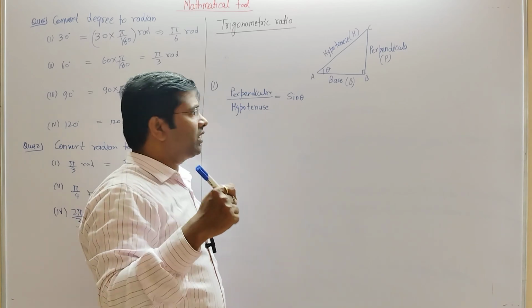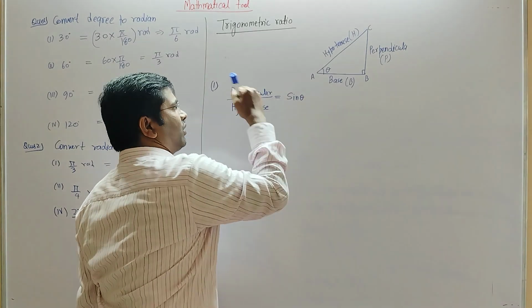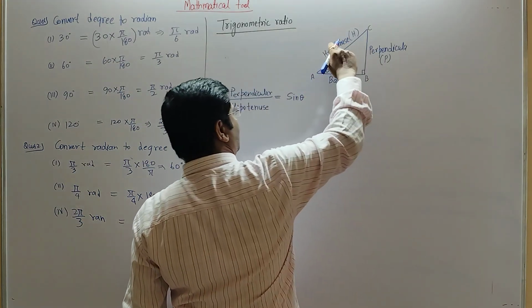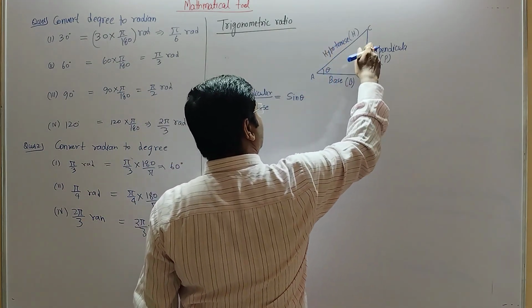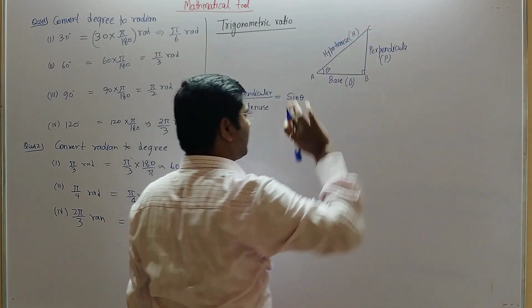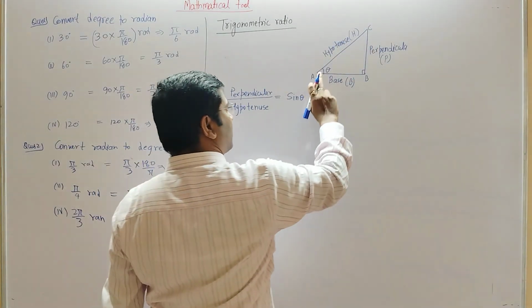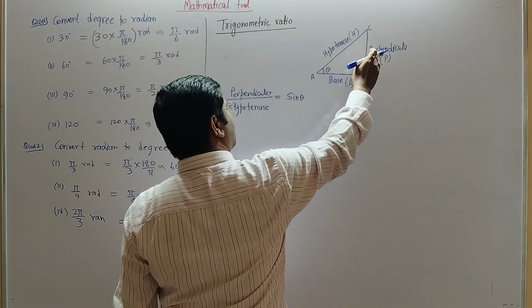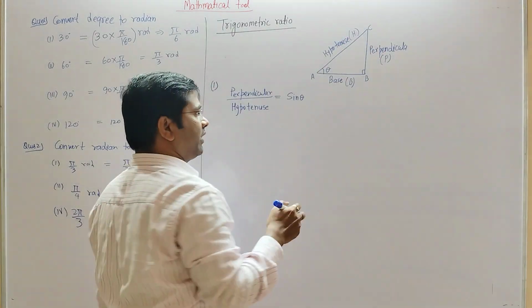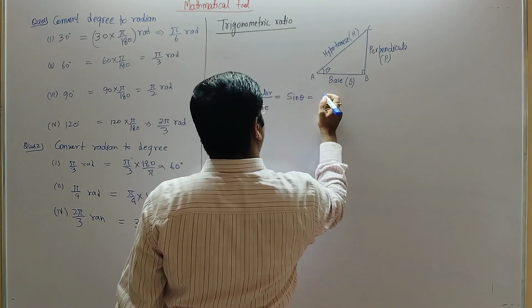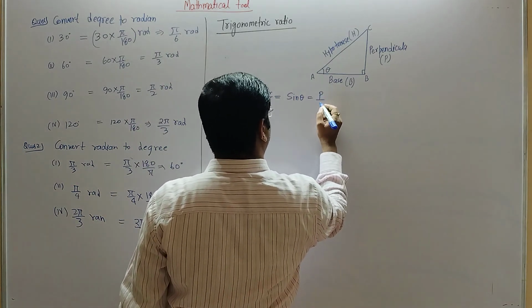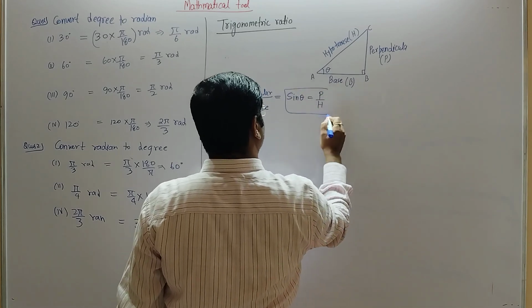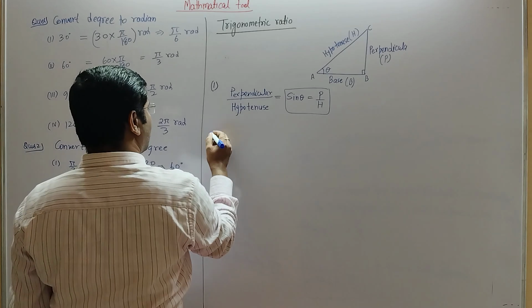We are introducing a new name: this upon this ratio is sine theta. For this angle this will be perpendicular, this will be hypotenuse. If this side is bigger, the hypotenuse will also be bigger, so for a particular angle this upon this will always be a fixed value. In shortcut, sine theta equals perpendicular upon hypotenuse. This formula you have to remember. This formula is very important.